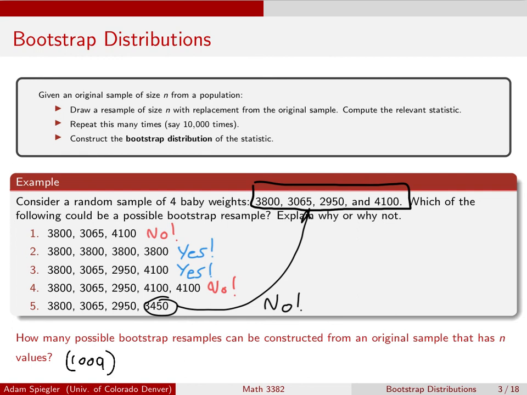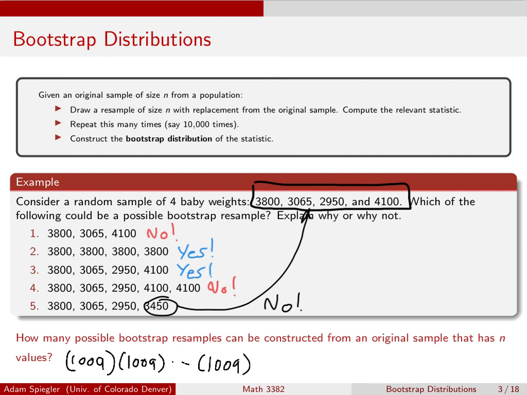And so for the first value that we pick, we have 1,009 possibilities. Then we put that value back in, and we pick another value. And so pick number 2 has 1,009 possibilities as well. And we would keep doing it. And each time we pick a value for our bootstrap sample, we've got 1,009 possibilities.